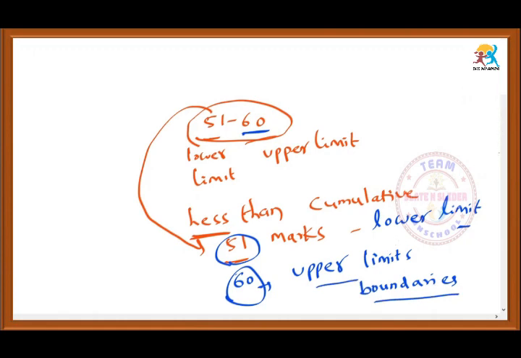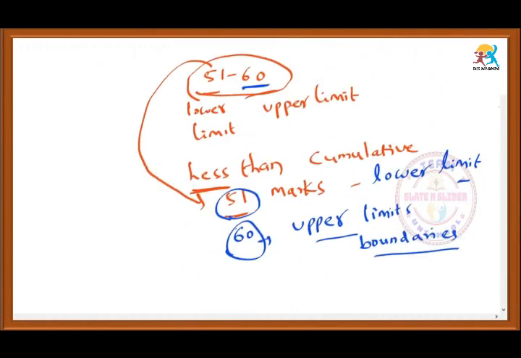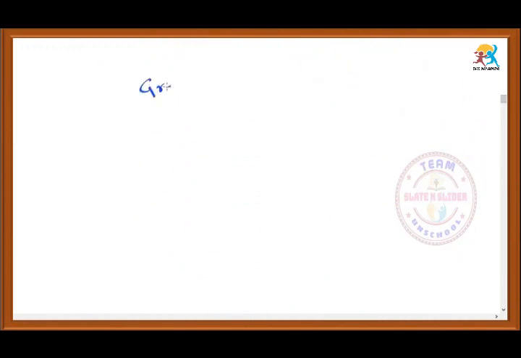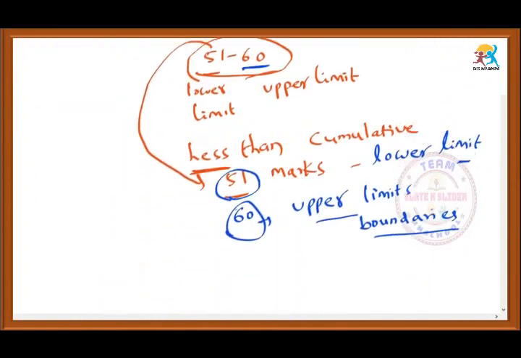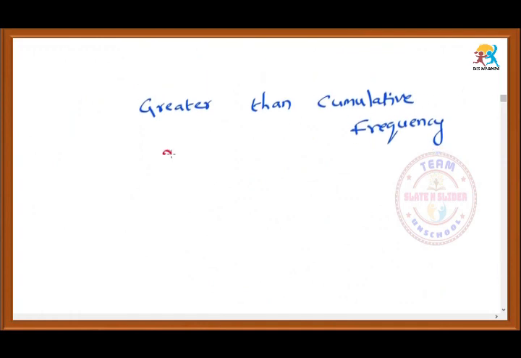And for the same 51 to 60, we have to write one more, that is greater than cumulative frequency. Greater means highest, we can suppose that. For the greater than cumulative frequency, we have to take the highest class interval. In this question, it is 91 to 100. Is it possible to find the number of students who got more than 100?